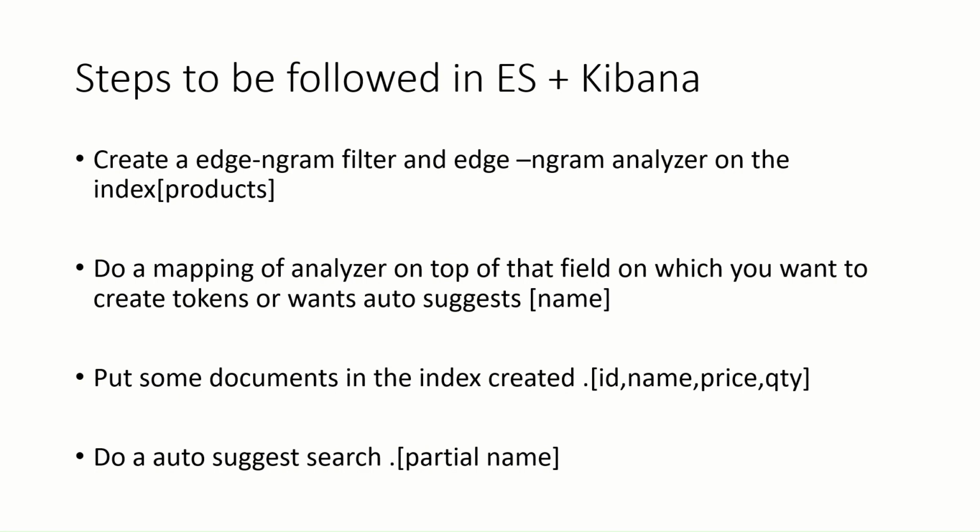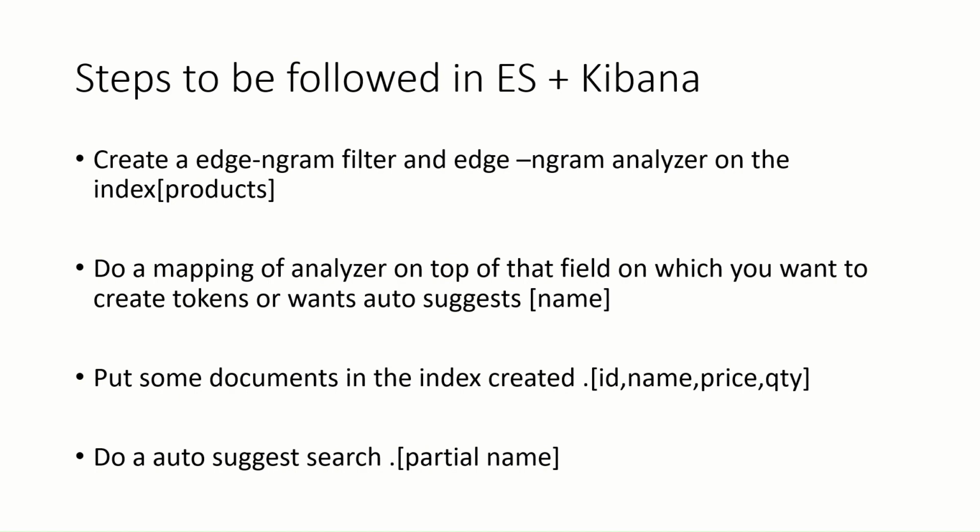Now the next step is to put some documents in the index created. So let's say we have created the index called products. We'll insert a couple of documents inside the index products. Either we can do it directly through Elasticsearch Kibana, or we can create the Spring Boot API that will interact with Elasticsearch and insert a couple of products in the index products. Okay, so that also we can do.